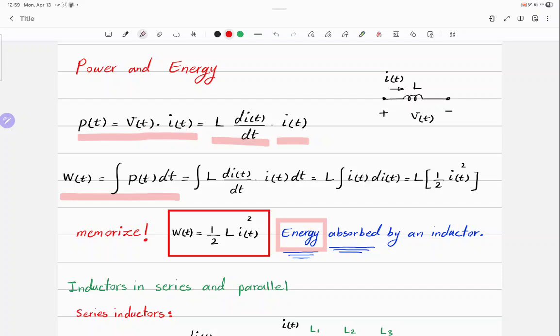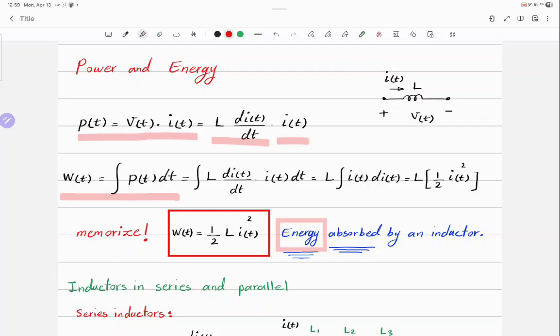This is not super important. You won't get a lot of questions about it, but it's a source of confusion for students because they memorize this equation, but somehow they relate it to power. This equation is not about power. It's the energy, okay?